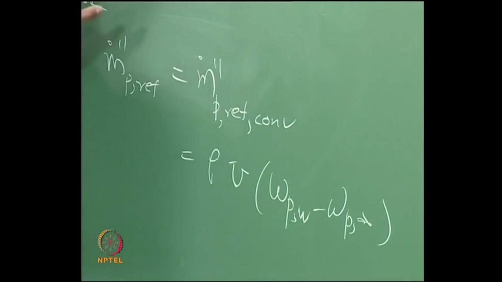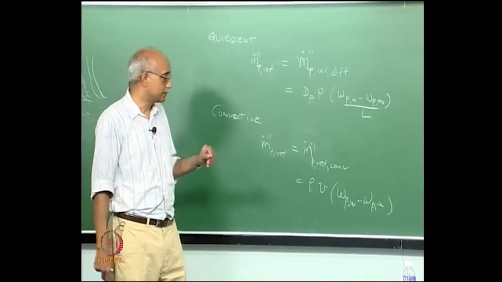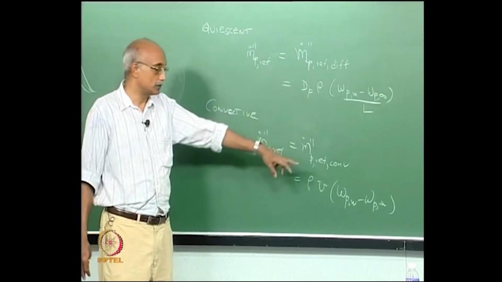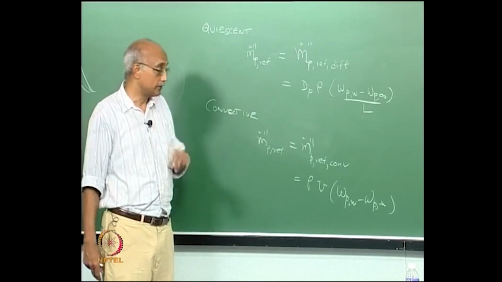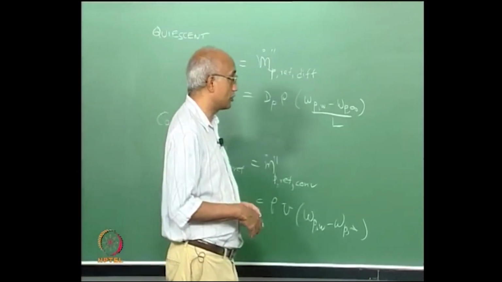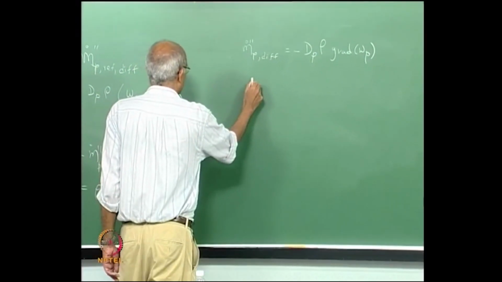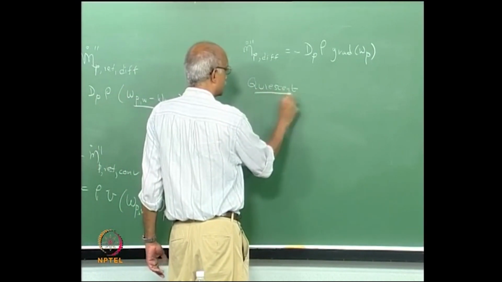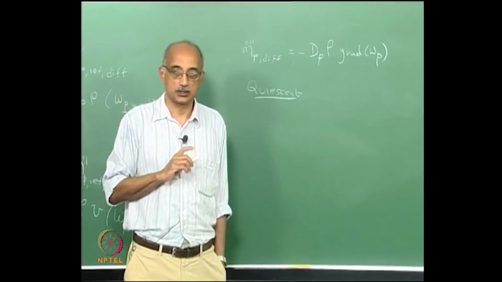So when we take the prevailing mass fluxes and want to non-dimensionalize them, we will divide by this value in the case of quiescent flow, and by this value in the case of convective flow. And the resulting non-dimensional parameters that you obtain are what? In the case of quiescent flow, what is the non-dimensional parameter that represents mass flux?